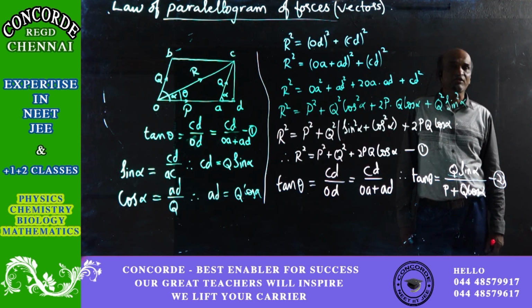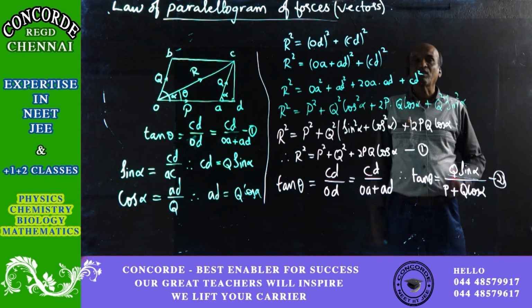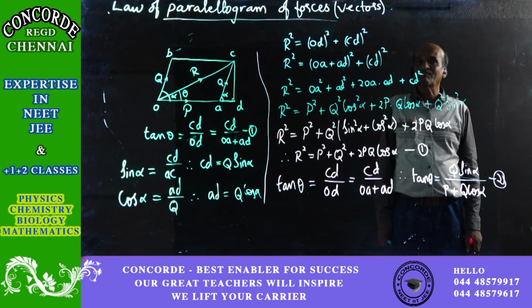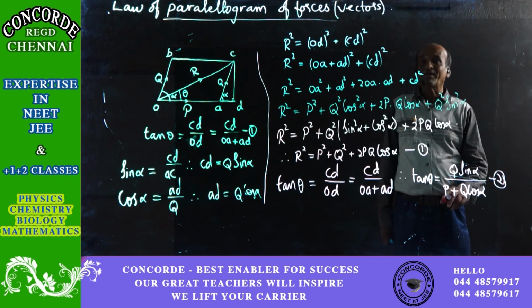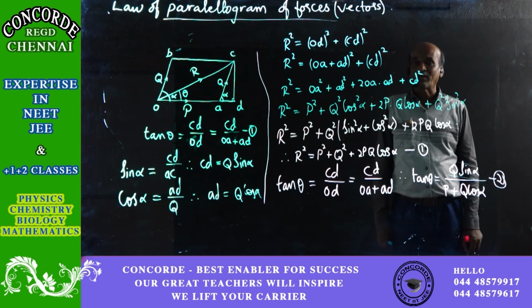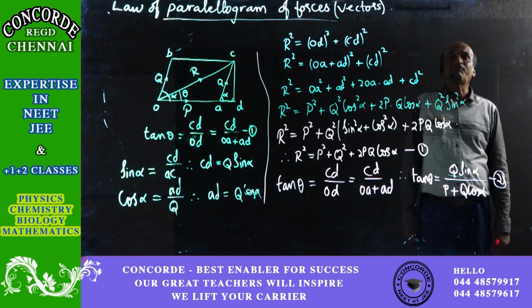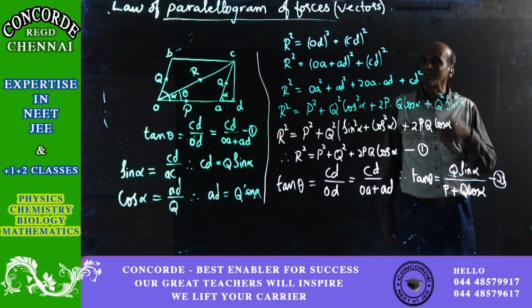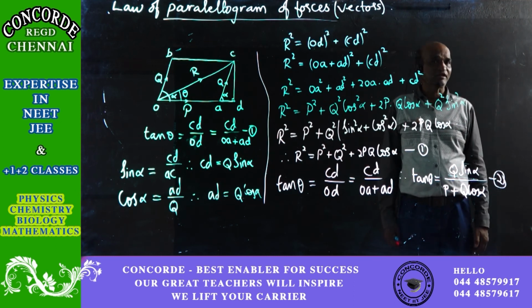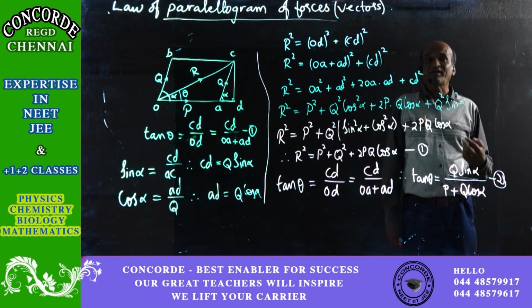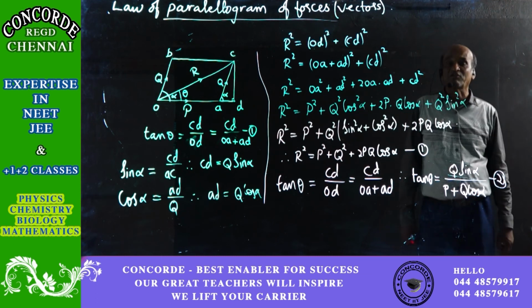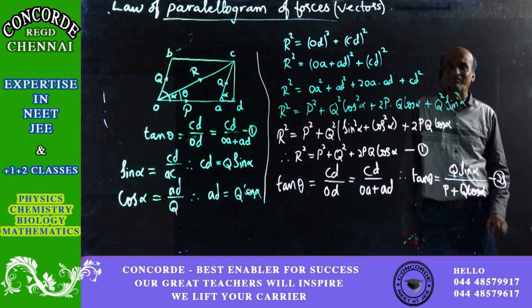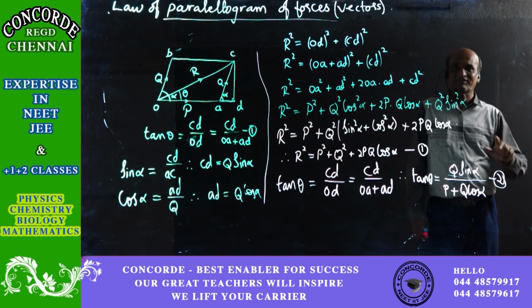Or else if the question is find the direction of the resultant from the 25 Newton force, then keep 25 independent, then it will be 20 into sine alpha, and in the denominator it will be 20 into cos alpha. So from whichever vector you are finding the inclination of the resultant, keep that vector independent of sine and cos.